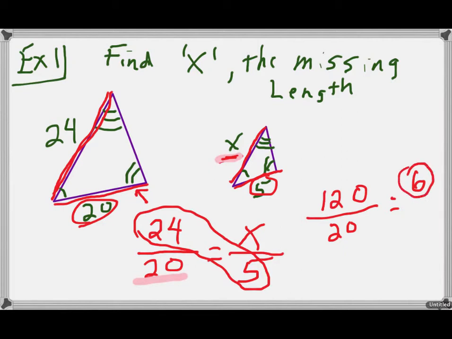So 6 would be the missing side length. Now, for this last example, I'm only doing 2. I only need 2. So let's do example 2.